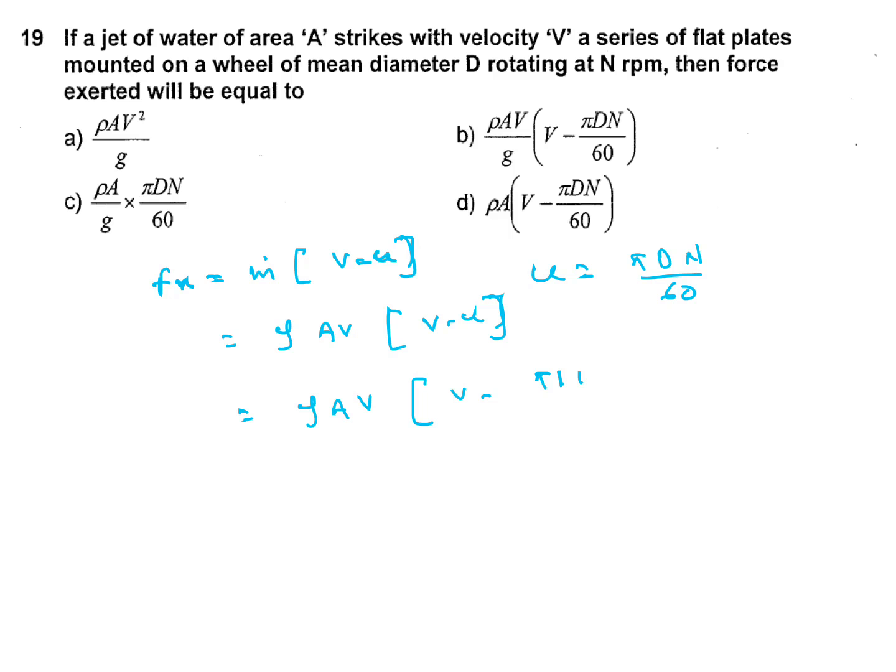So rho a v, in terms of force, divided by g, and the option is in terms of unit weight. So divide by g, (v minus pi D n by 60).